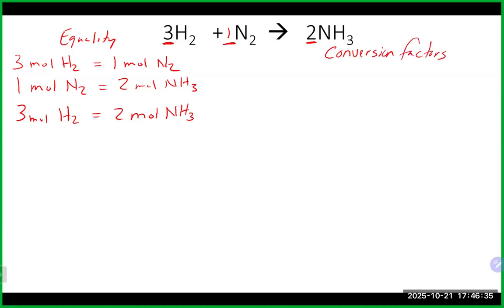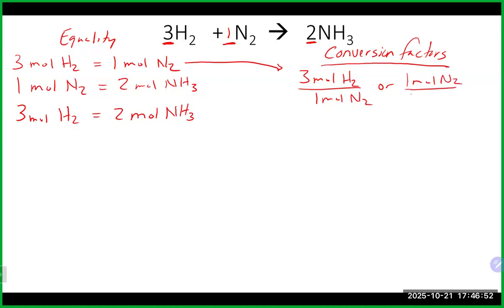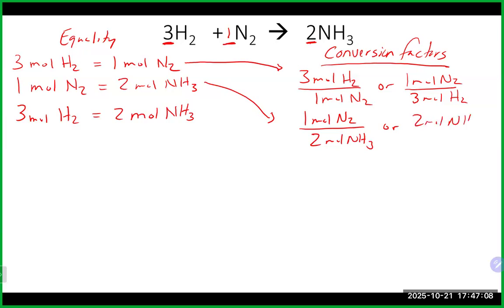And conversion factors, right, are just the fractions that we get. So from this equality here, we could say we have 3 moles of H2 over 1 mole of N2, or 1 mole of N2 over 3 moles of H2. From this one, we could say we have 1 mole of N2 over 2 moles of NH3, or 2 moles of NH3 over 1 mole of N2.